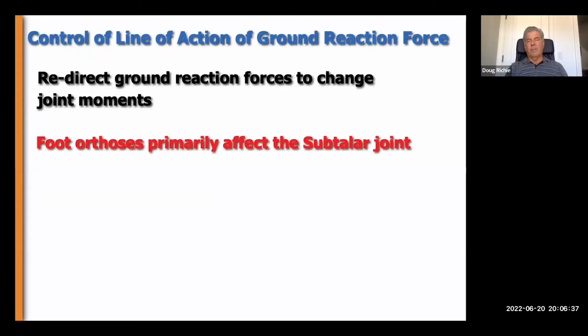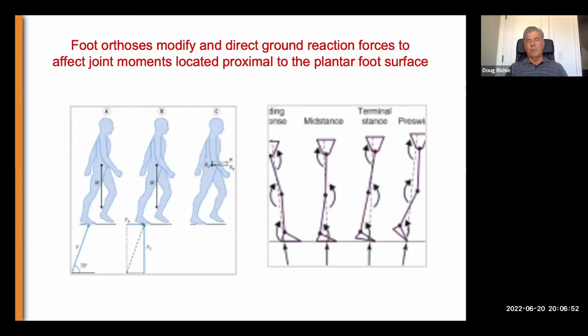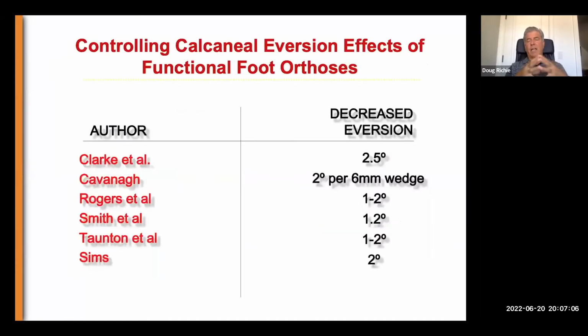They primarily affect the subtalar joint and indirectly affect the midtarsal joint. One thing we learned 20 years ago was that foot orthoses profoundly affect joint moments, but don't really affect alignment in a noticeable way. We're redirecting ground reaction forces through the rear foot, ankle, knee, and hip, and we see very positive clinical changes, but not real positive alignment changes.